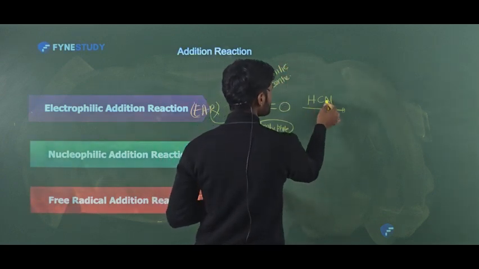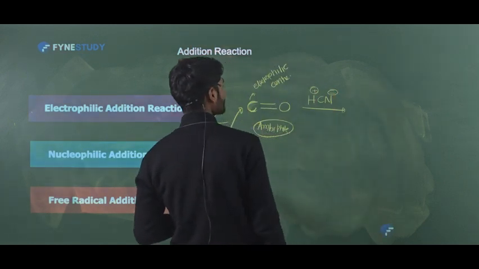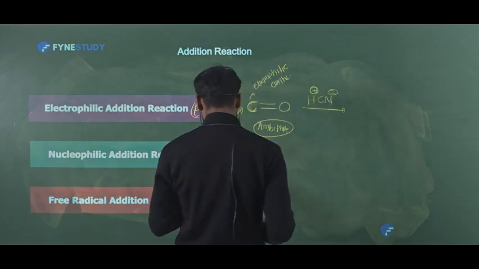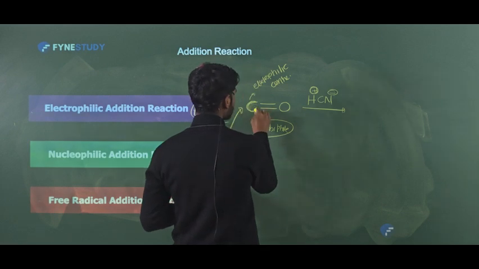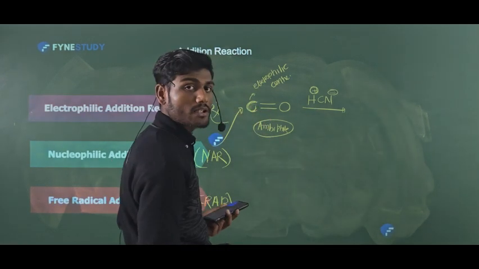So this HCN you can break like CN minus and H plus. H plus is this one and CN minus is this one. So this one is deficient, so carbon is deficient. It means this one is an electrophilic center.